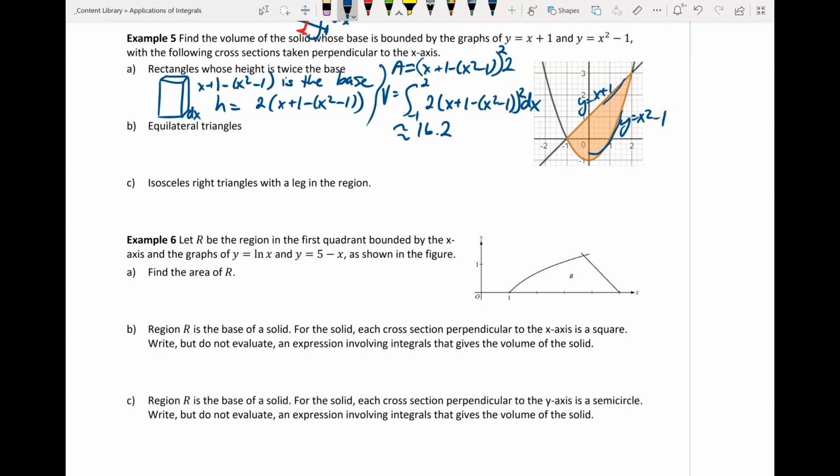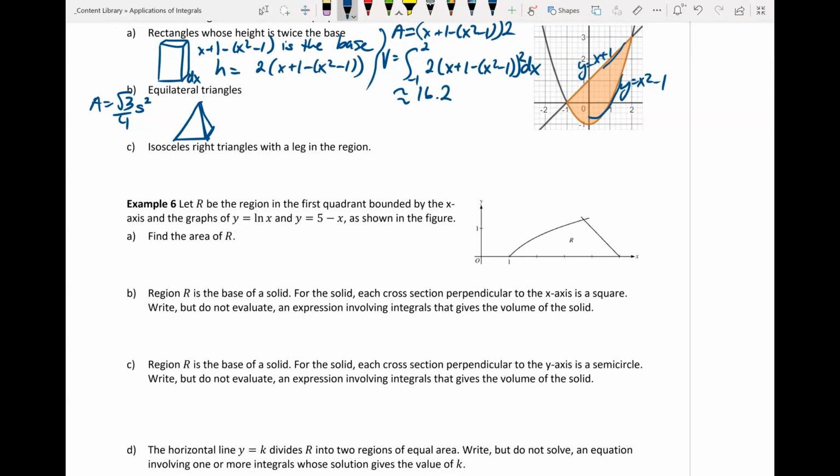Let's just say that we have equilateral triangles now. And if you look from above, after example 2, you can find the area of an equilateral triangle. It's root 3 over 4 times the side squared. Okay, so if we know the length of one of the sides, we know the length of all the sides, because all the sides of the equilateral triangle are the same.